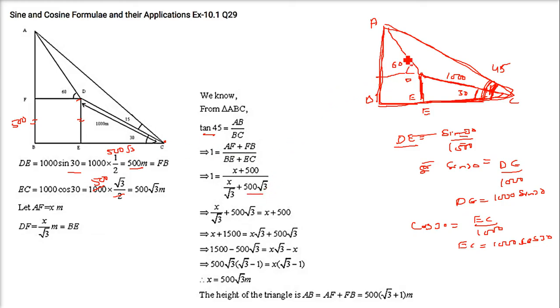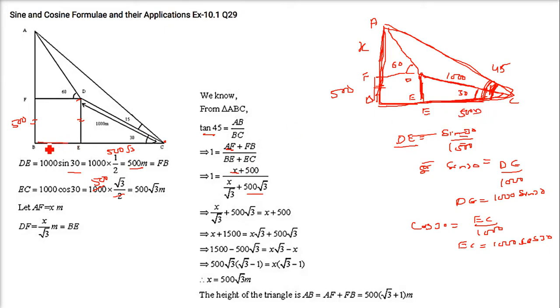AB is AF plus FB. AF we don't know, let us write it as X, and FB is 500. So we have X plus 500 by BE plus EC, where EC is 500 root 3.